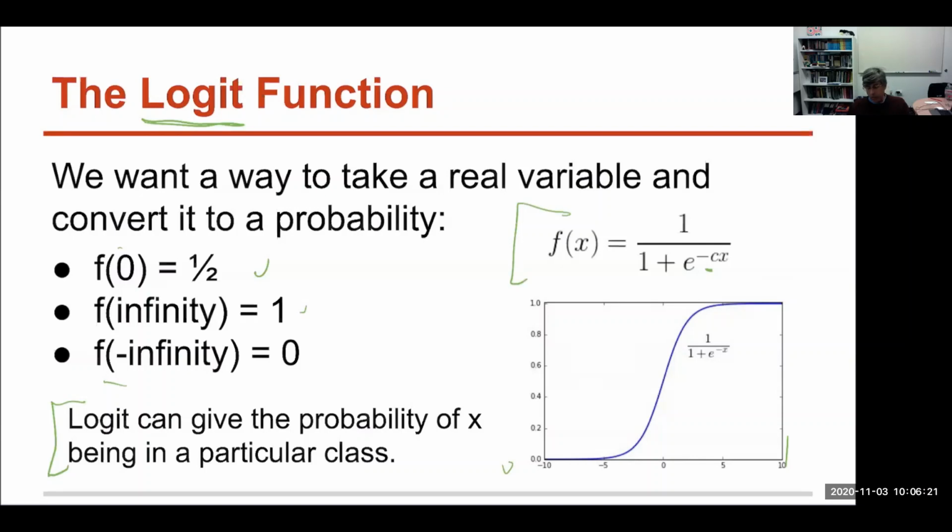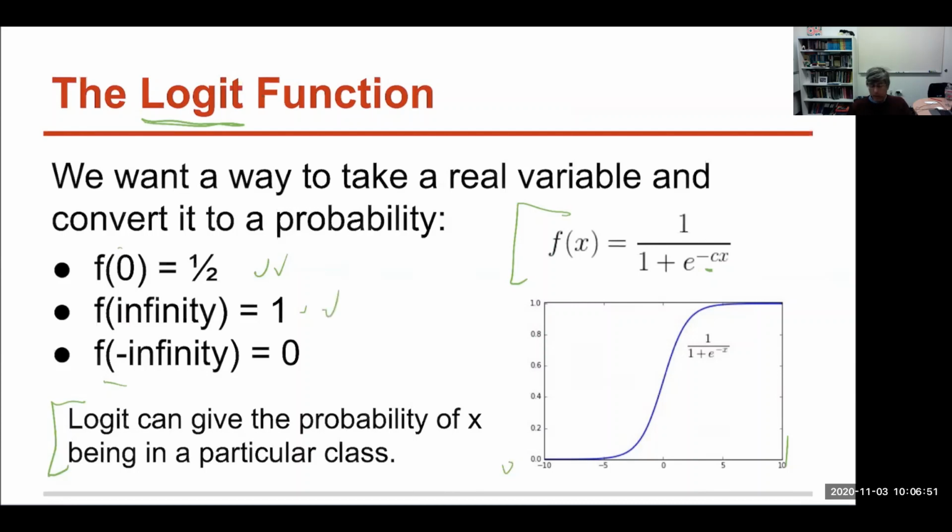Again, when x is equal to 0, e to the 0 is 1. 1 over 1 plus 1 is a half. That's what we want. When x is very large, e to the minus something enormous is going to approach 0. So 1 over 1 plus something like 0 is 1.